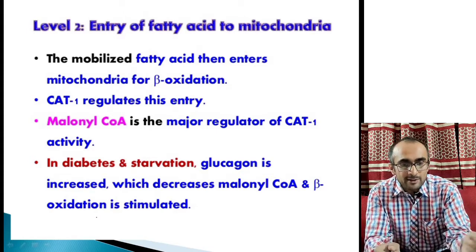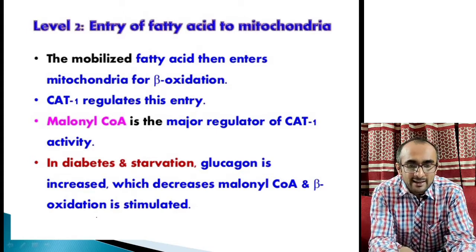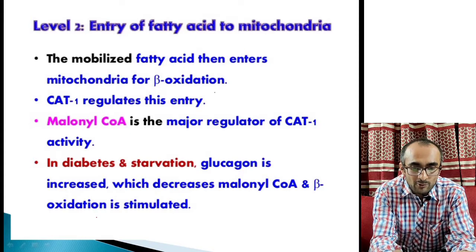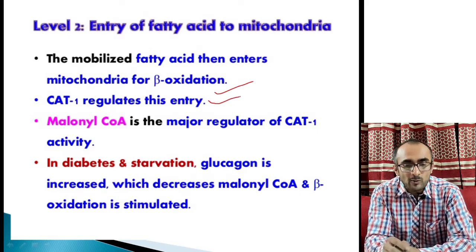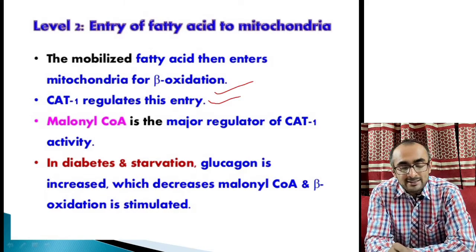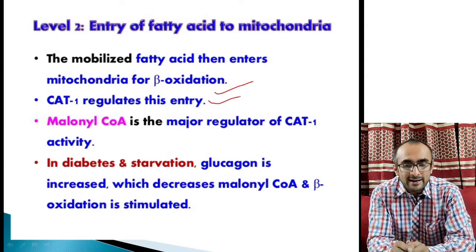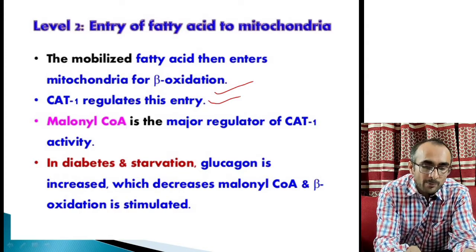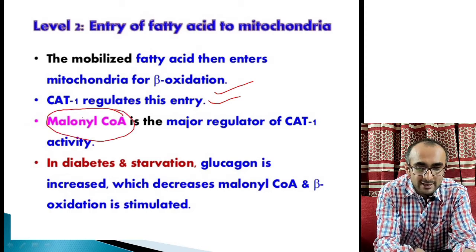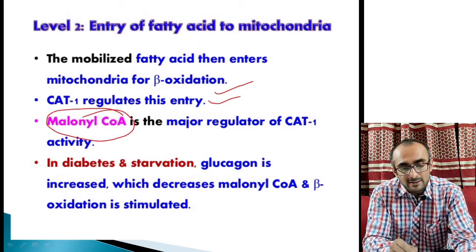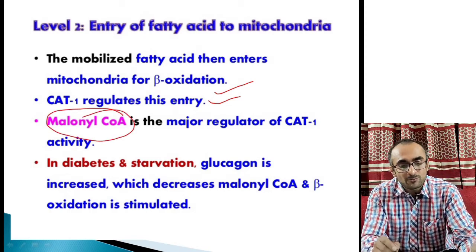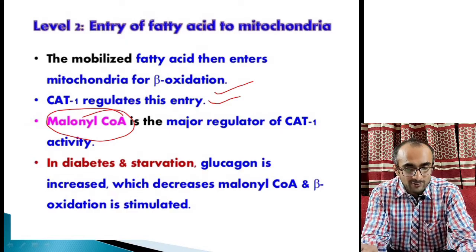So at this level, the mobilized fatty acid enters mitochondria for beta oxidation, and we have seen in the earlier lecture that CAT1 or CPT1 regulate entry of fatty acid from cytosol to mitochondria, and they are inhibited by a compound called malonyl coenzyme A. That's a regulator of transportation of fatty acid from cytosol to mitochondria.